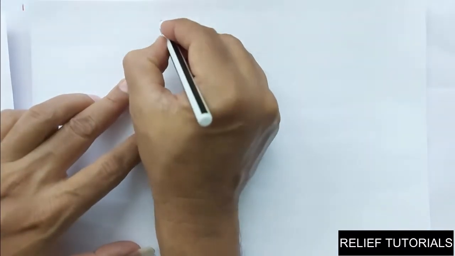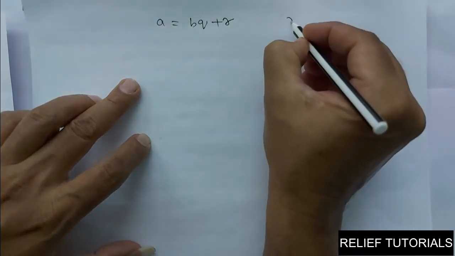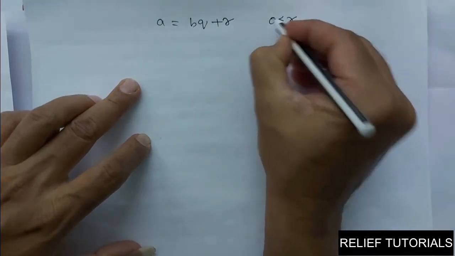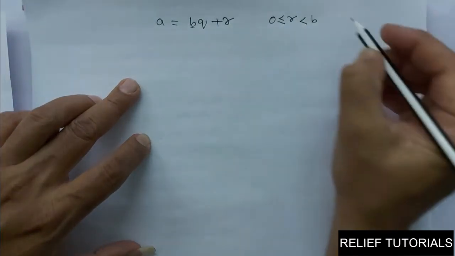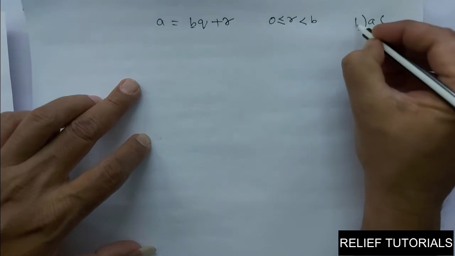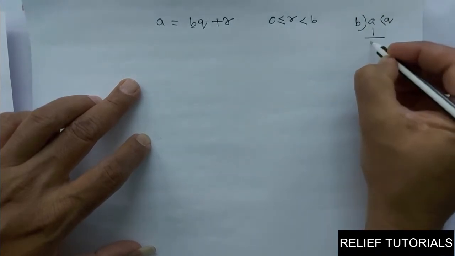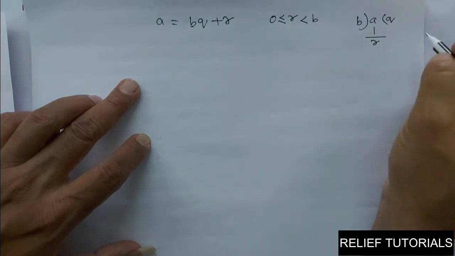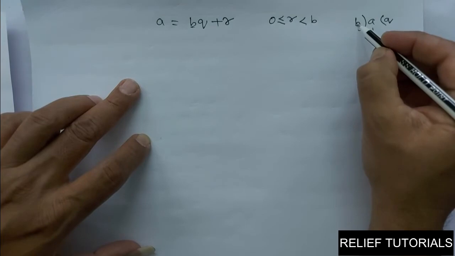So now if I say Euclid division lemma is a is equals to bq plus r, and you know that remainder r is greater than or equal to 0, but it will be less than divisor. Divisor is here b. Clear or not? When a is divided by b, you will get here q. Some number you will get here, and remainder will be r. So b is a divisor, and this remainder will be smaller than divisor.